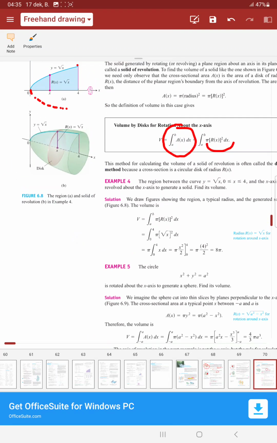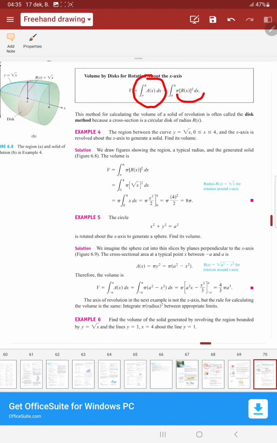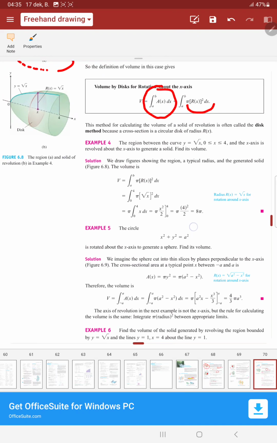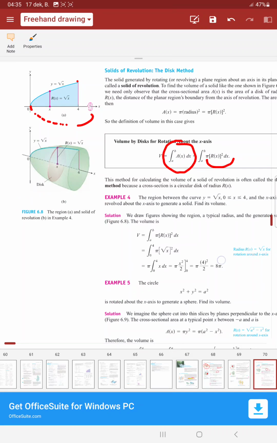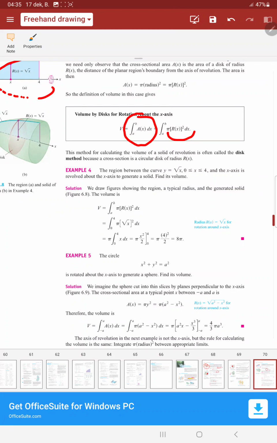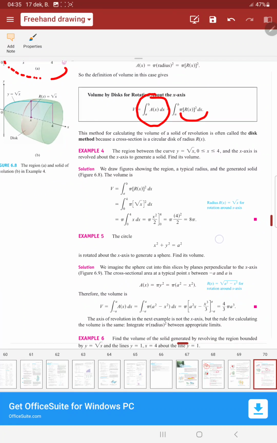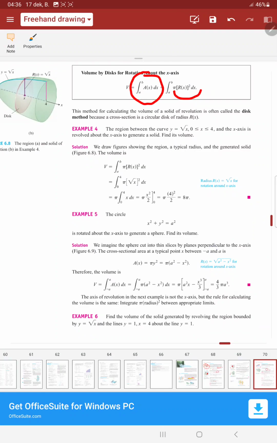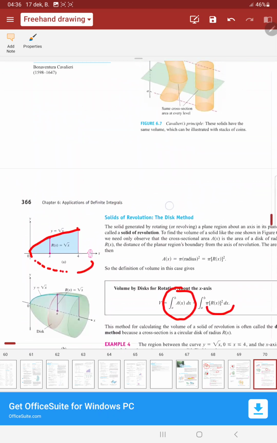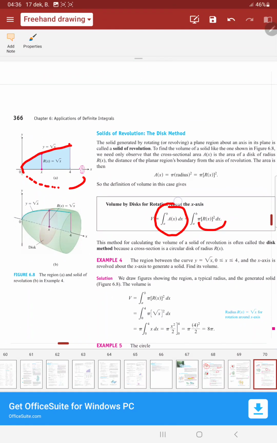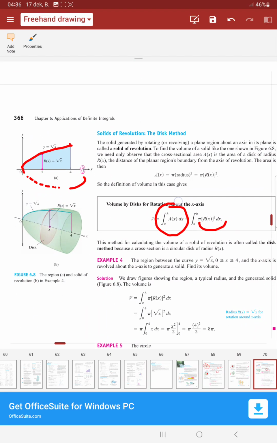Let's see, for example, again this exercise. Y is equal to the square root of x, and the x-axis is revolved about the x-axis to generate a solid. Find its volume. Again, the formula is pi r squared. What is r?